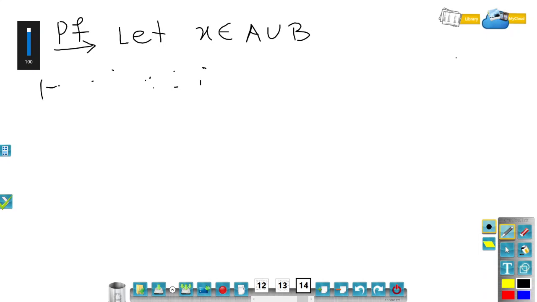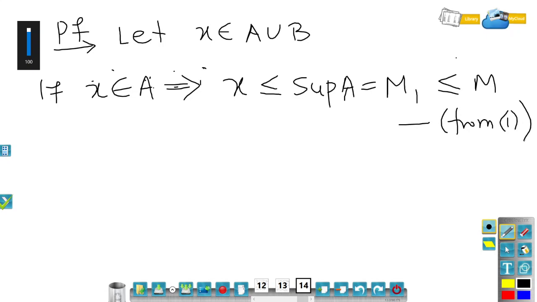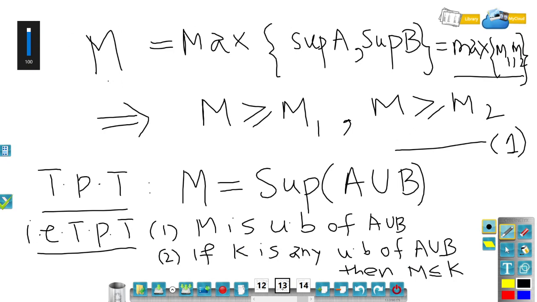If x belongs to A, that means x is definitely less than or equal to supremum of A, because A is bounded, which is my capital M1. But capital M1 is already less than or equal to M from 1, because 1 says that M is greater than or equal to M1.